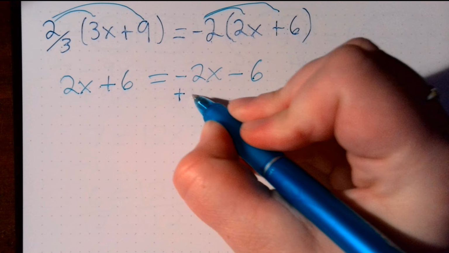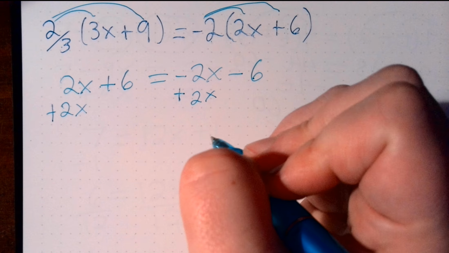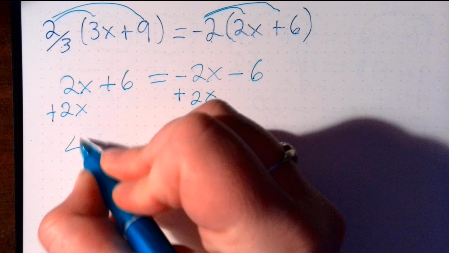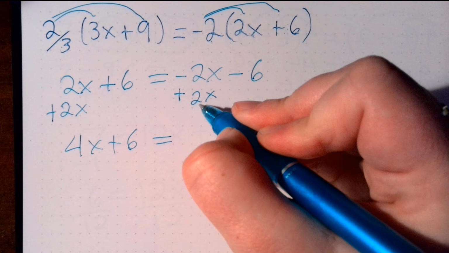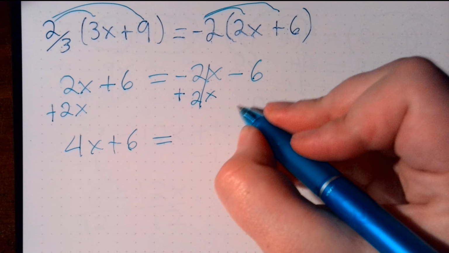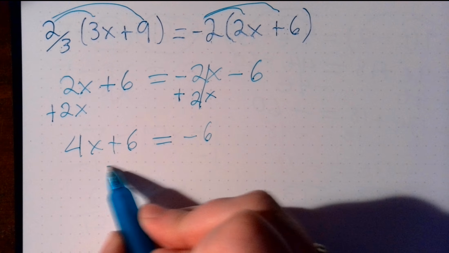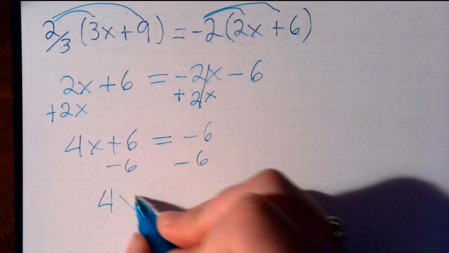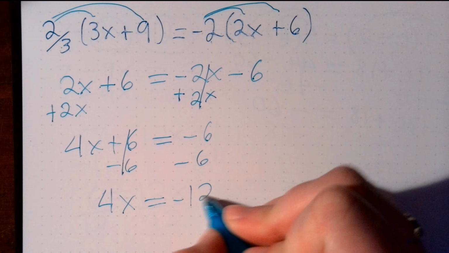So I'm going to add 2x to both sides. 2x plus 2x is 4x plus 6 is equal to negative 2 plus 2 cancels out, negative 6 comes down. I'm going to subtract 6 from both sides. Negative 6 minus 6. Those cancel out. So 4x is equal to negative 12.